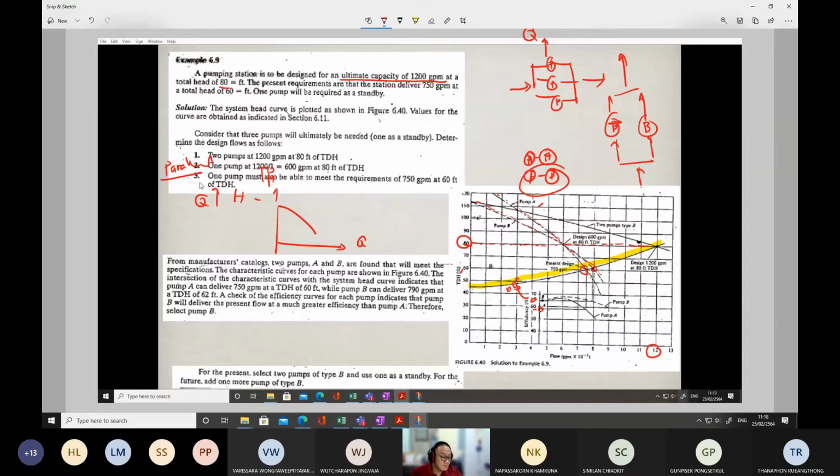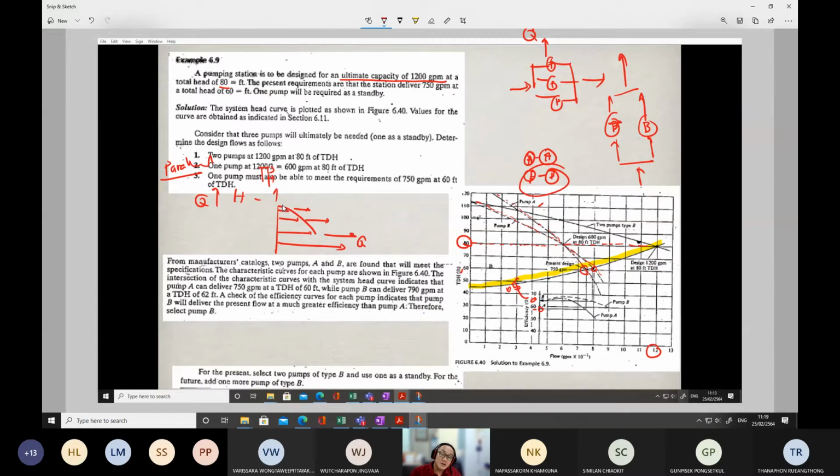So if we connect two pumps in parallel, the flow will be double. Flow rate is given on the x-axis. So flow will be double, like this.